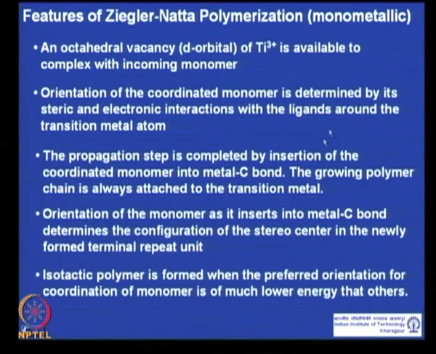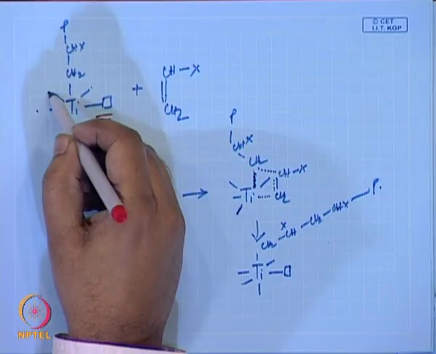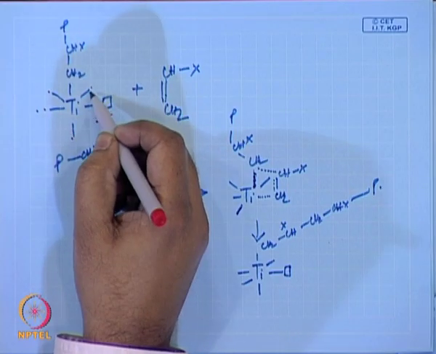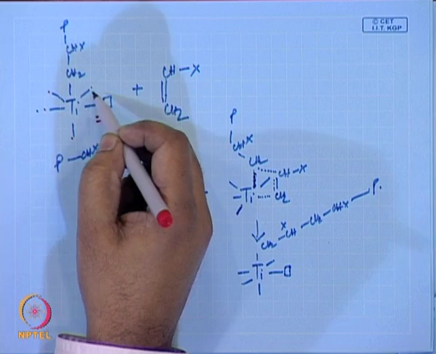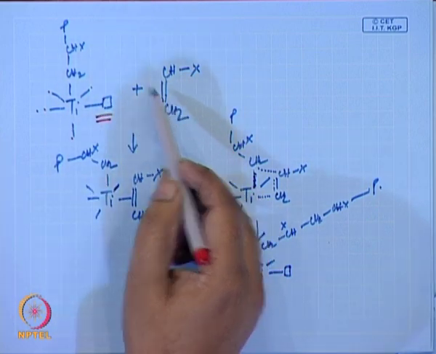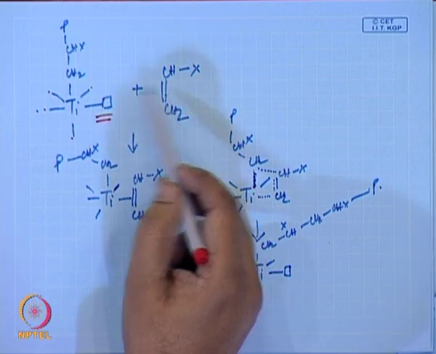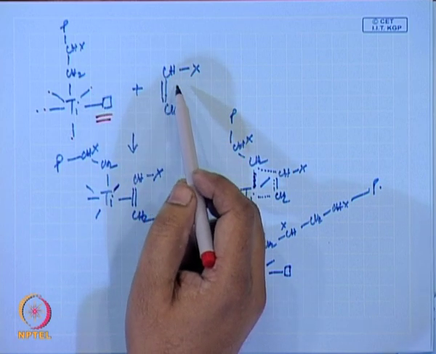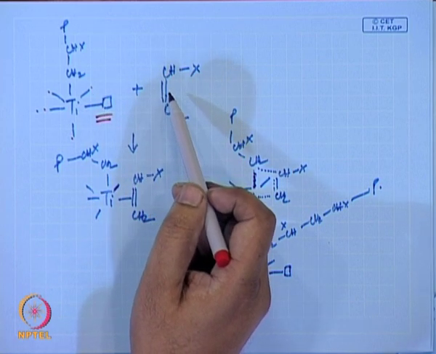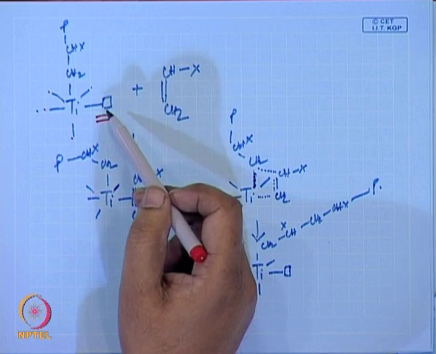The orientation of the coordinated monomer is determined by the steric and electronic interaction with the ligands around the transition metal. Basically, these are the ligands, in this case chloride, and their steric and electronic interaction with the monomer determines the orientation of the coordinated monomer.